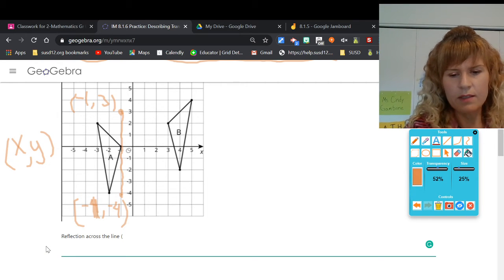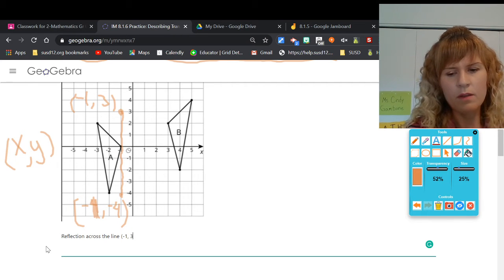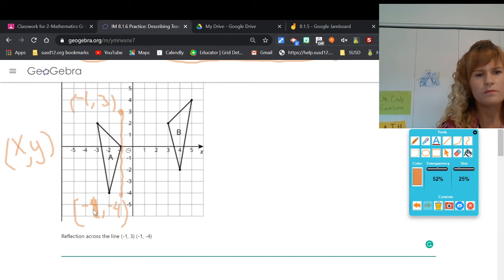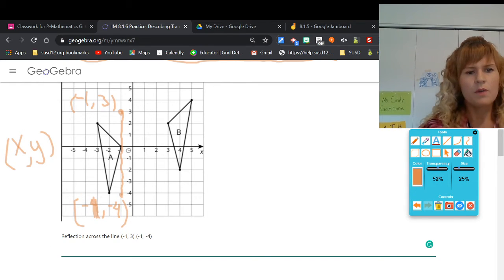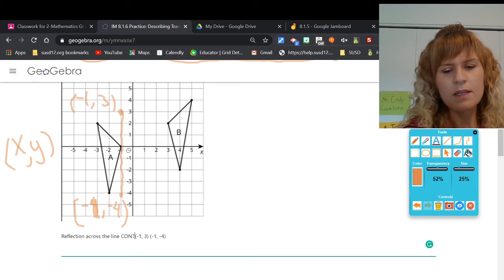And the line is with coordinates -1, 3, and -1, -4. I better write that a little clearer. Reflection across the line containing points.